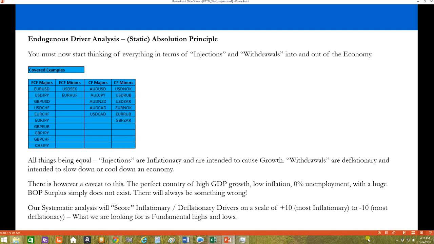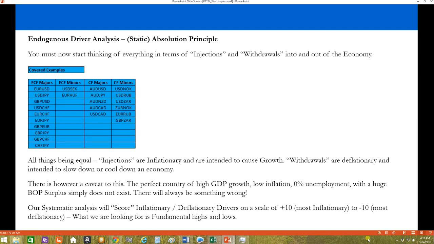So please remember that. And what we're going to do when we go through both our endogenous and driver analysis, we're going to look at each driver, whether that's a leading, coincident, or reactionary central bank government driver. We're going to be assigning a score to that driver, and that score is going to be dependent on whether the driver gives us an inflationary or deflationary signal.